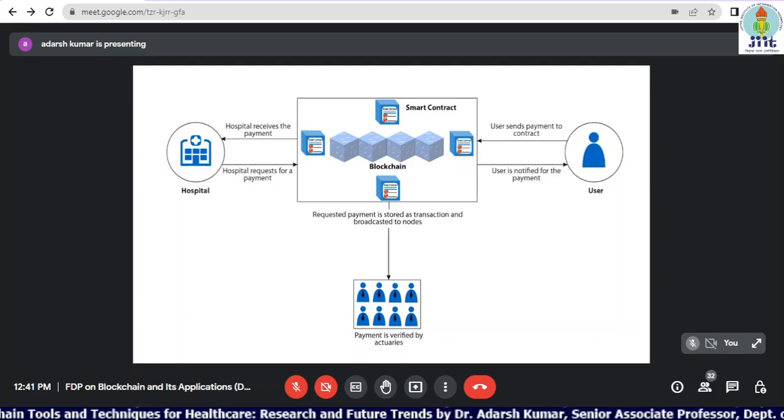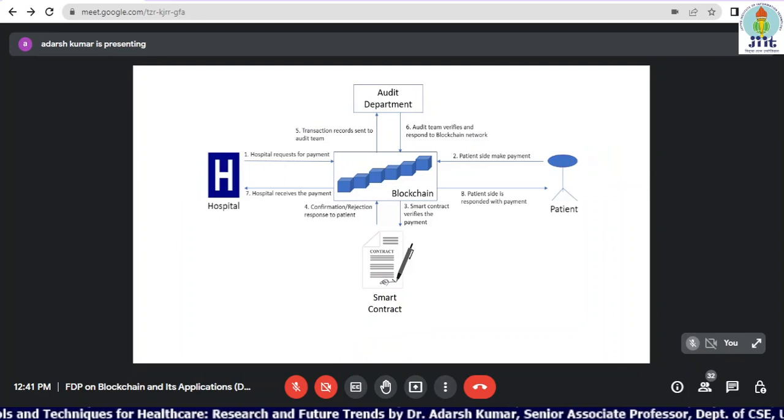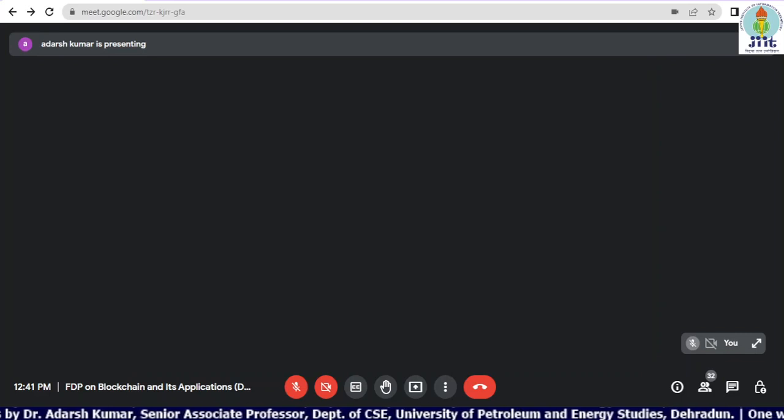So in one typical scenario, this can further be integrated with the help of smart contracts. This is showing a sequence flow. You can see the numbering 1, 2, 3 is giving a proper sequence of how things will happen. The hospital is requesting for the payment, and second, the patient side makes the payment. Then third, a smart contract will be executed.